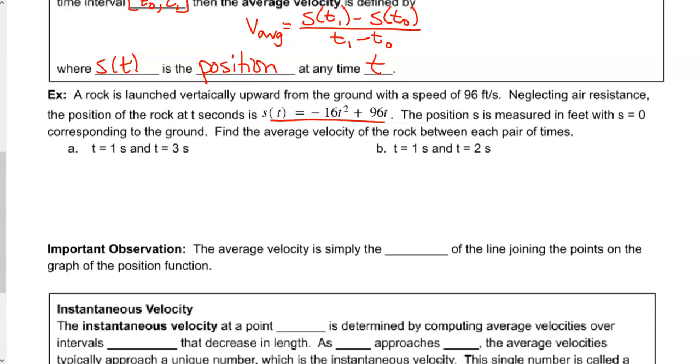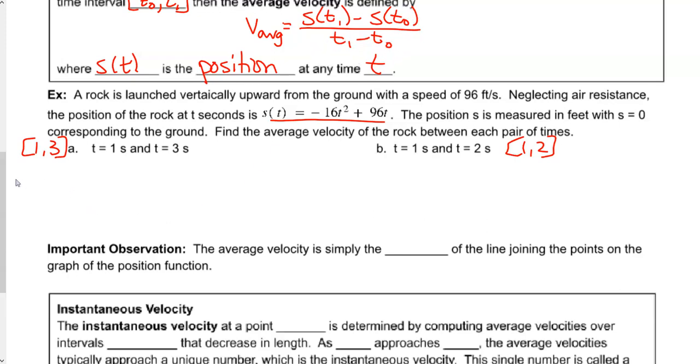So the position at 0 is that you're on the ground. Find the average velocity of the rock between each pair of times. So this is an interval from 1 to 3 that I'm looking at, and this is the interval from 1 to 2. What is the average velocity? By our definition, we have to subtract the function values at each of those times over the subtraction of the times.